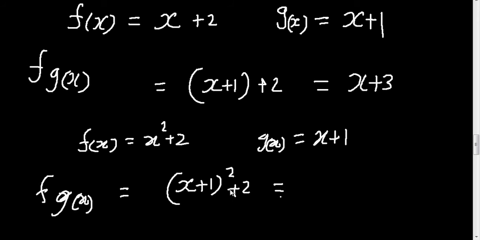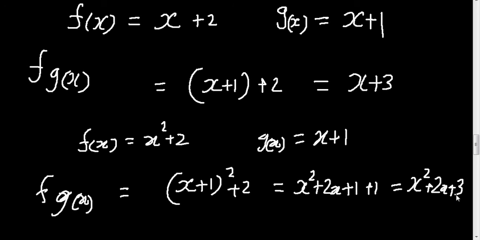So you can leave it like that, or you can expand it and then simplify it. You can leave it like this if you want to. Sorry, that is in fact a 3. That's a 3 there. So that's the composite function.